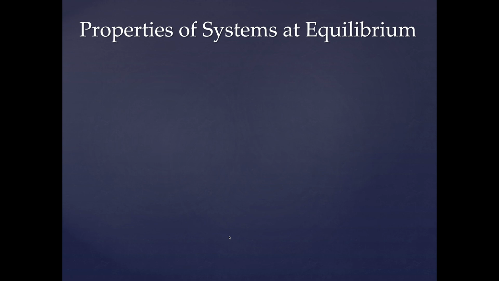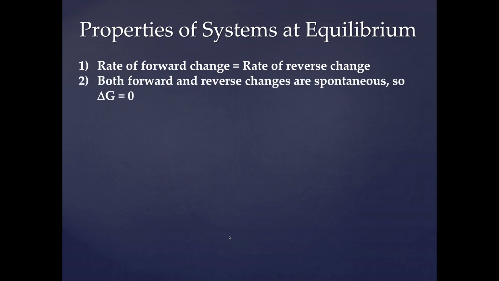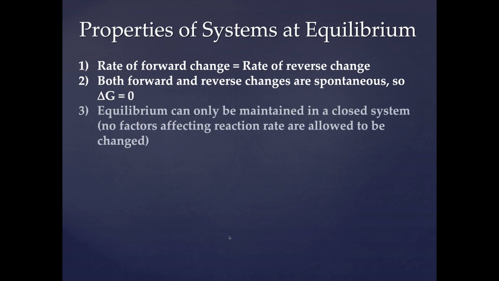Properties of systems at equilibrium. First, the definition of equilibrium: the rate of the forward change equals the rate of the reverse change. That's just what equilibrium is. And as we took a look at in the last topic, since both forward and reverse changes are happening at the same time, they're both spontaneous, delta G is 0. And equilibrium can only be maintained in a closed system.